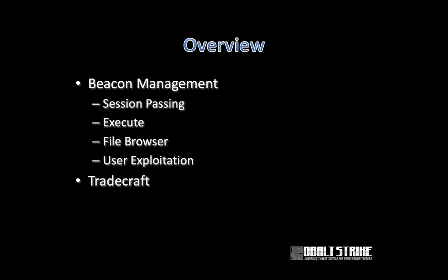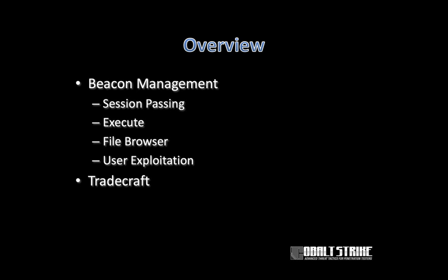We will talk about the different ways to execute programs within your beacon, because a program could be something on the target, it could be PowerShell, it could be .NET, and there are different options for all of these. We will also talk about the file browser and how to exfiltrate data from a target.